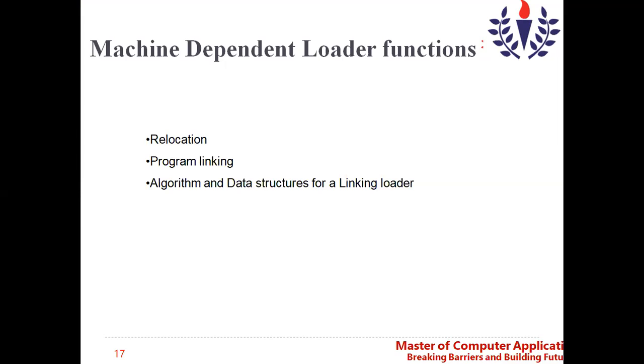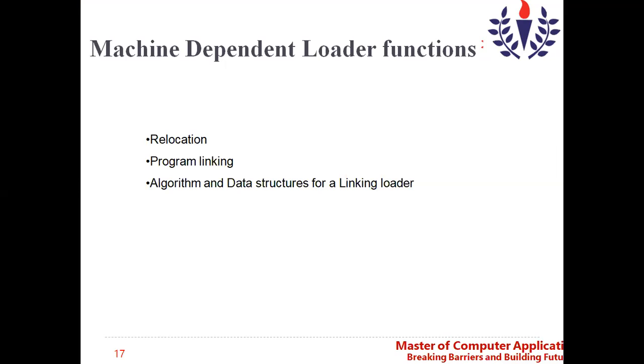Relocation: as the program will be loaded in a different location, the program relocation occurs, due to which the object code has to be modified. So the loader needs to do the modification based on the input which is given from the assembler.